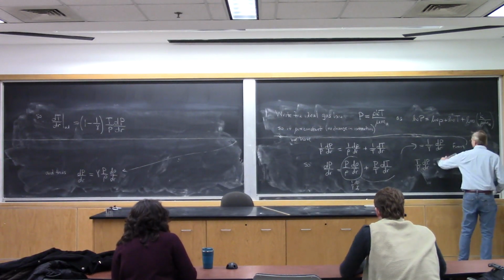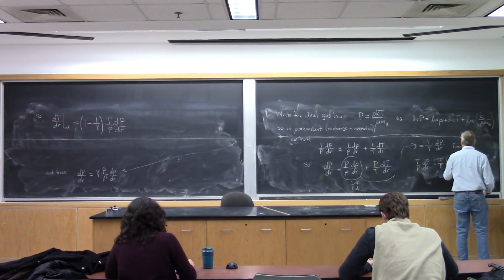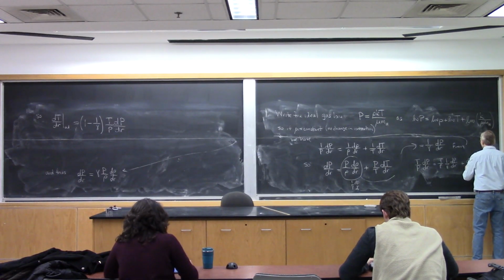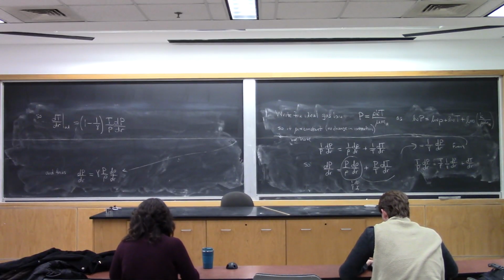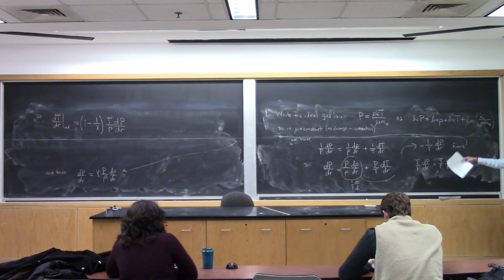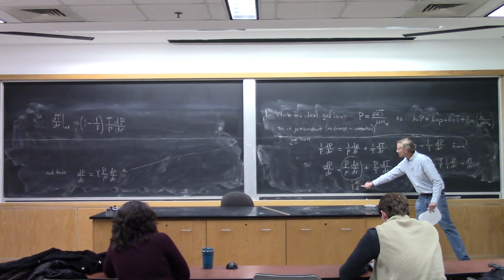Equals T over P times 1 over gamma dP/dr plus dT/dr. And now I solve for dT/dr. Just throw that other term over there, and it becomes what I am claiming here. Do you buy this? I made the substitution that this term is 1 over gamma dP/dr.